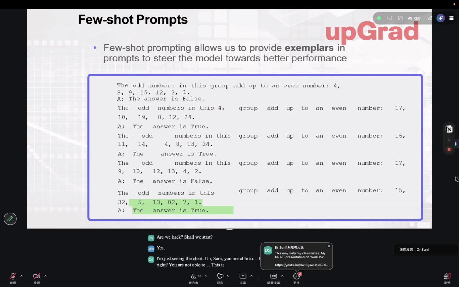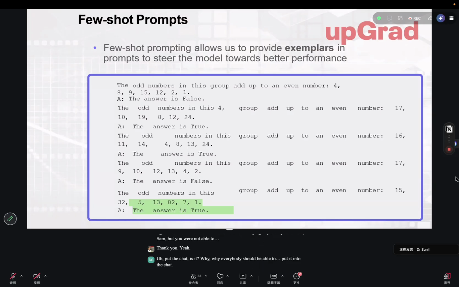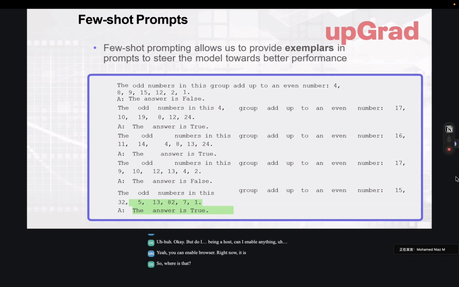This is the one I am trying to put on your behalf, Sam, but you are not able to put in the chat. Everybody should be able to put it into the chat. That's the reason I am seeing no messages here now. It is not enabled for you. I am getting individual messages. Being a host, can I enable anything? Right now it is disabled. So where should I go and enable?